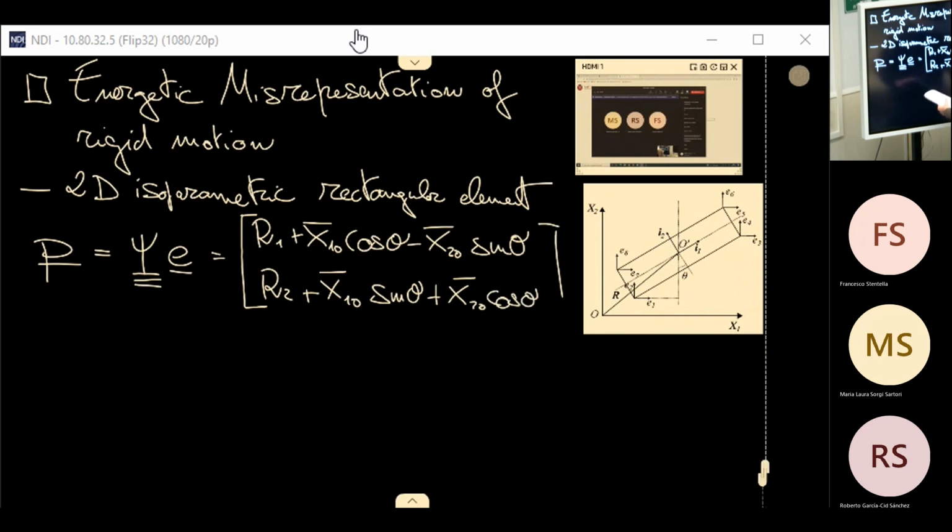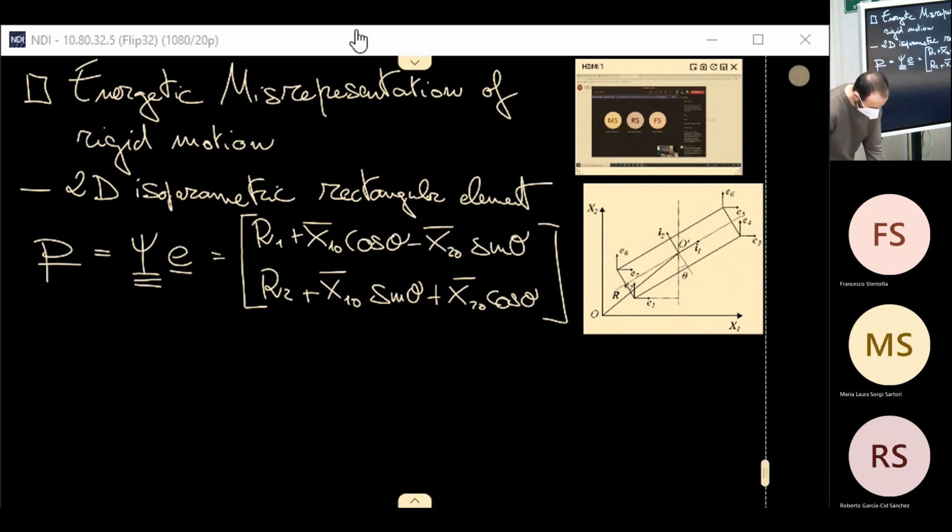This one we had already derived yesterday, so it's typical for each element. Once you have determined it for the element, it doesn't matter what kind of motion you are describing. And this, instead, we derived yesterday, so we just applied this matrix multiplication to two known quantities, and this is the result.